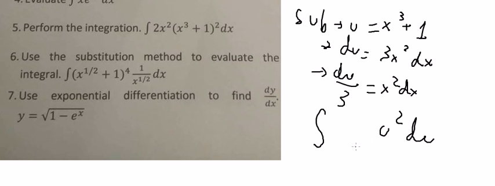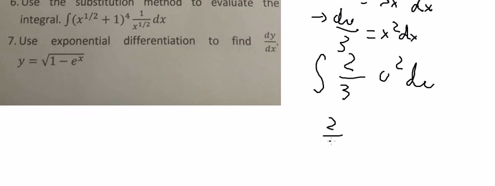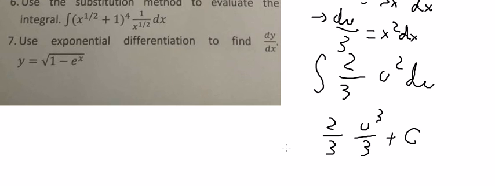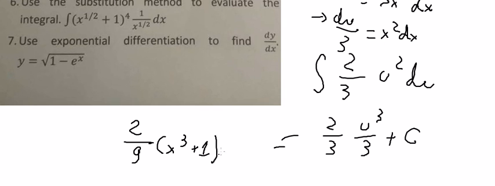And we have number 2 in here. So you get 2 over 3 multiplied with u to the power of 3 over 3. For u, we need to change back to this one. So you get 2 over 9 times x to the power of 3 plus 1, to the power of 3, plus c.